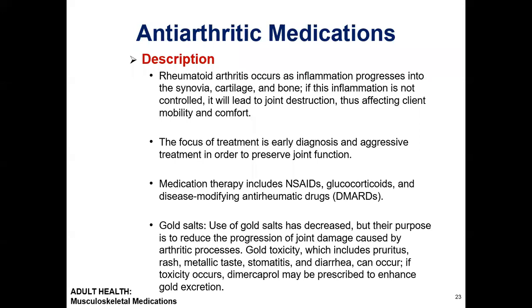We use non-steroidal anti-inflammatory drugs. We can use glucocorticoids or DMARDs. So what does it mean? DMARD is disease modifying anti-rheumatoid drugs. D for disease, M for modifying, and the rest for anti-rheumatoid drugs.